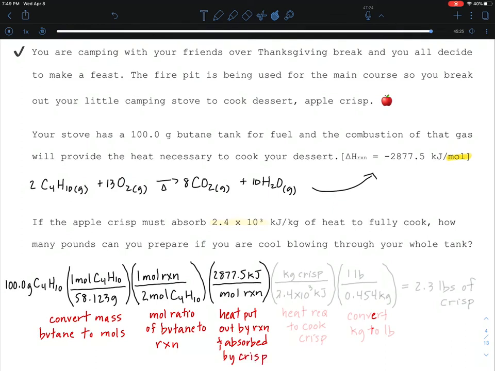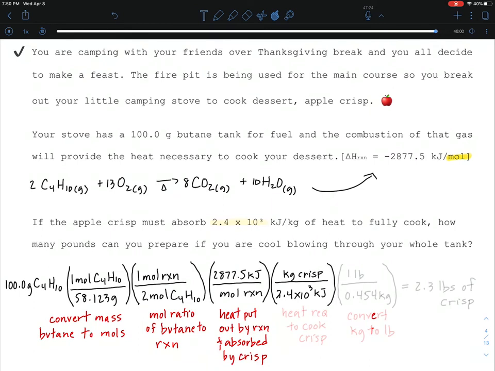Okay. Now what am I going to do with this? Because now I'm left with kilojoules. Well, they want to know if, to fully cook my apple crisp, I require 2.4 times 10 to the third kilojoules, right? Or 2.4 megajoules of energy. I can put down here 2.4 times 10 to the third kilojoules of energy are required to cook 1 kilogram of my crisp.